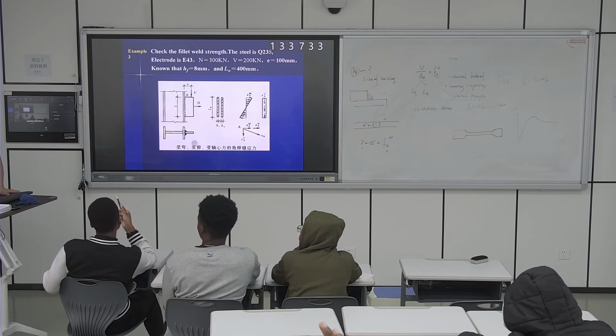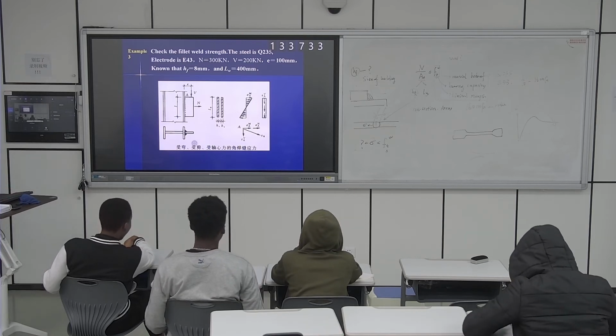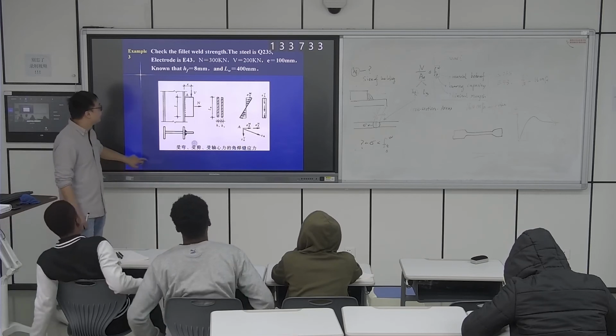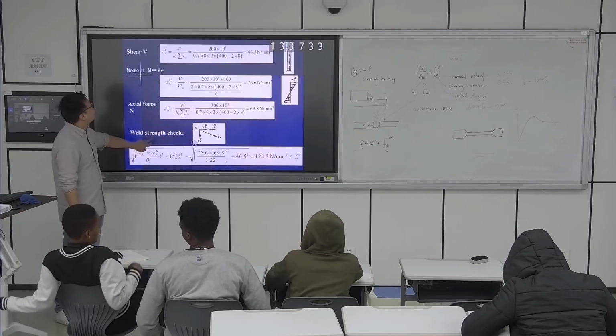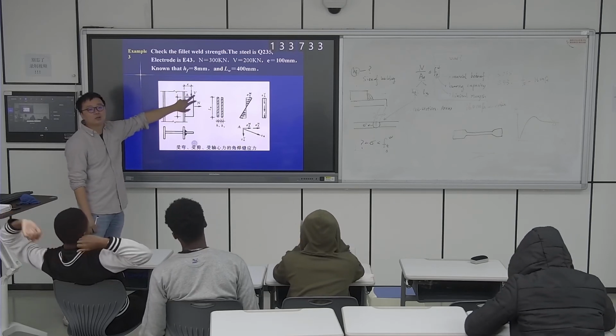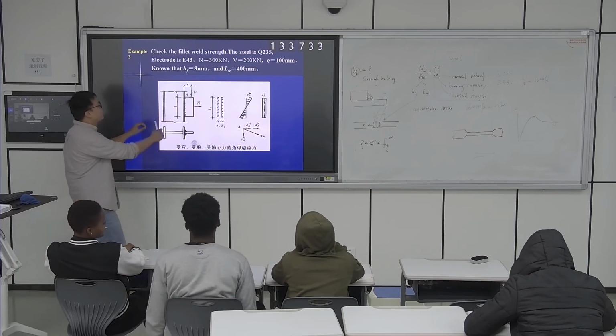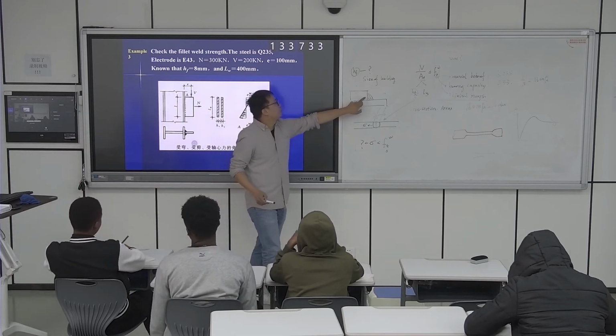Okay, next week. So this case is somewhat complicated because this one also applies the moment, showing stress. And this is the corner. This is the corner welding.